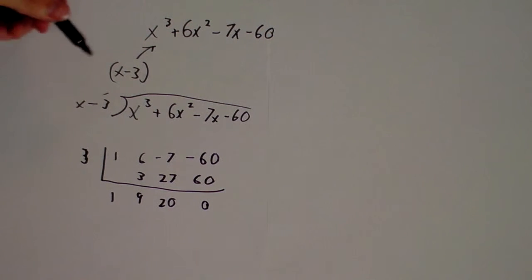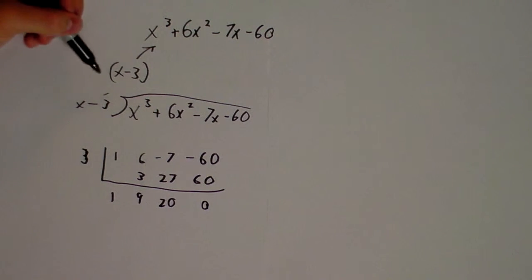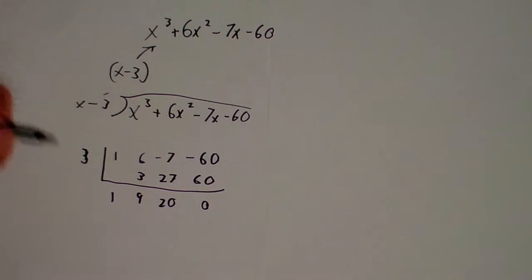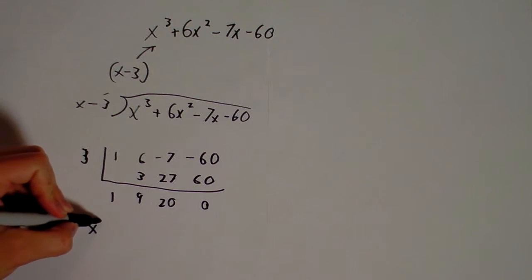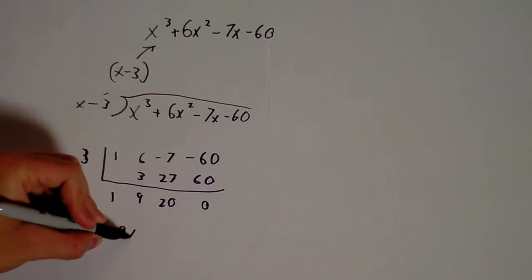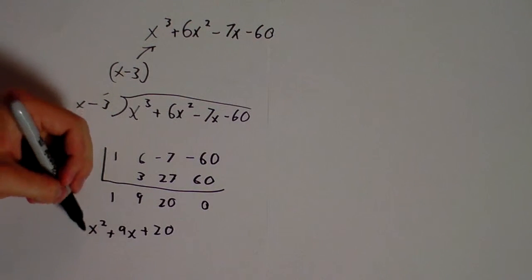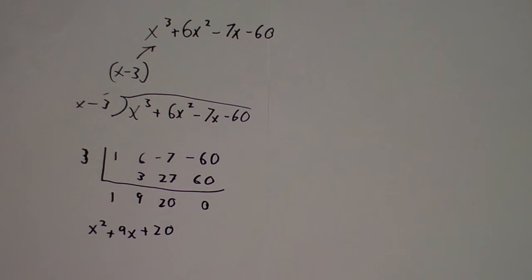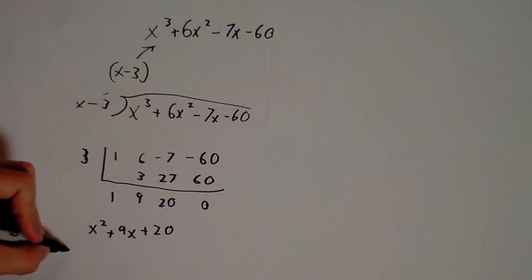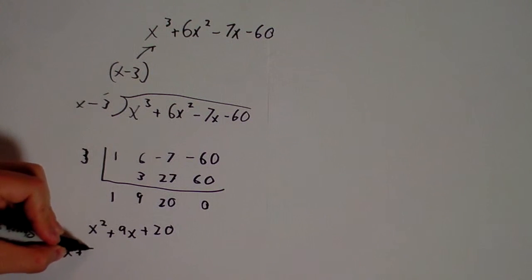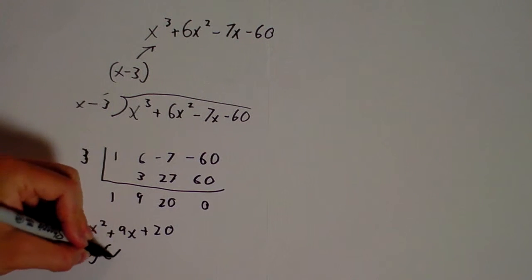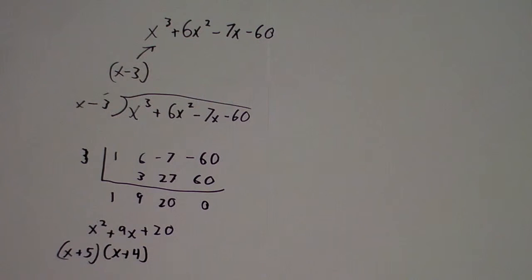And we're going to get problems where they tell us one factor of a polynomial, but we have to figure out all the other ones. So now we end up with x squared plus 9x plus 20. And we can figure out that that is equal to, just by factoring by trial and error or by inspection, however you want to call it, x plus 5 times x plus 4.